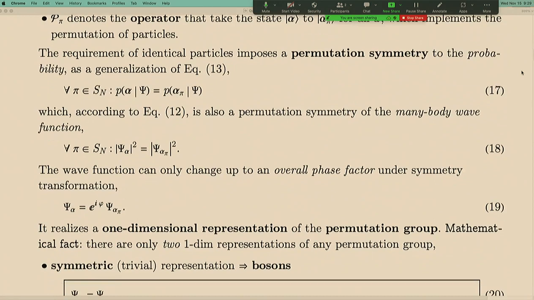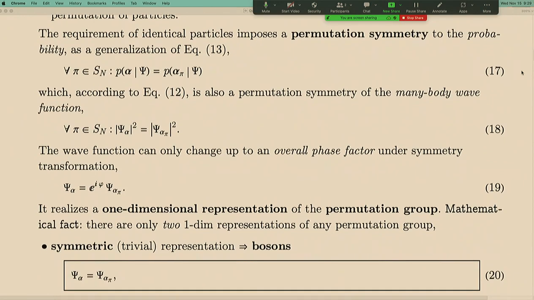With this understanding, we can specify what the conditions are for these many-body state vectors if we require that the state has some property under permutation. Saying that identical particles cannot be distinguished means there is a permutation symmetry imposed on the probability distribution.